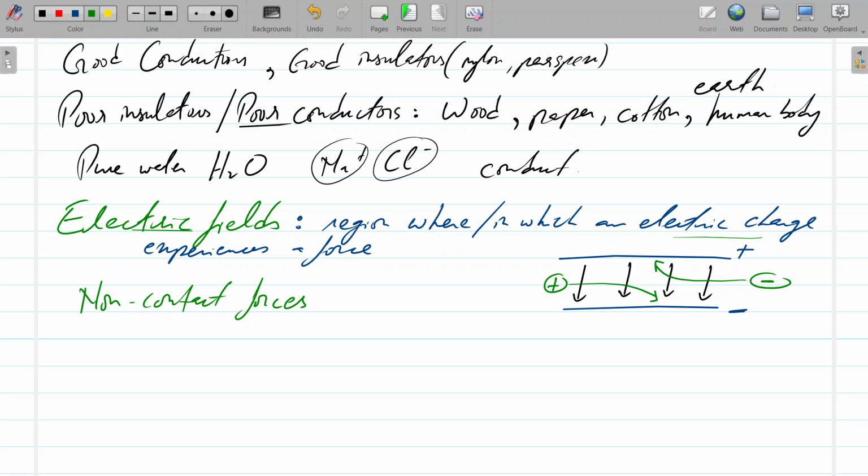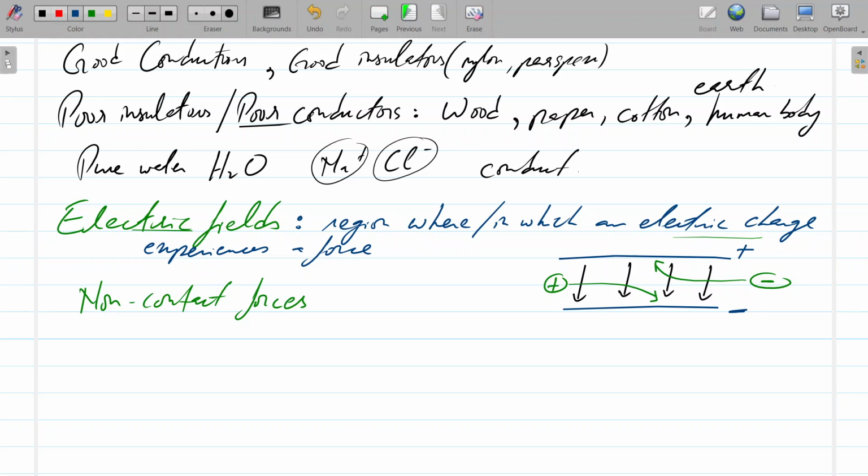Now, just like we mentioned, the convention is, for the magnets, we set the north pole as a standard. In electric fields, the positive terminal is the standard.